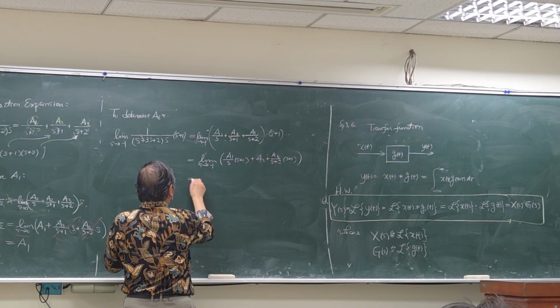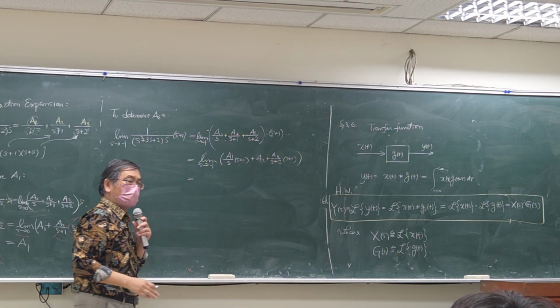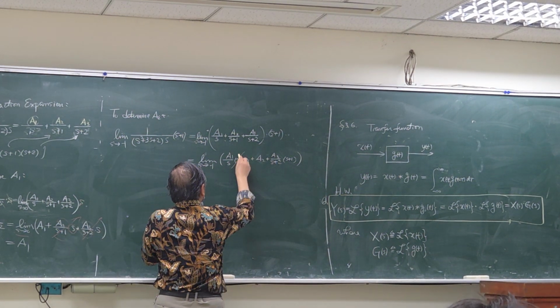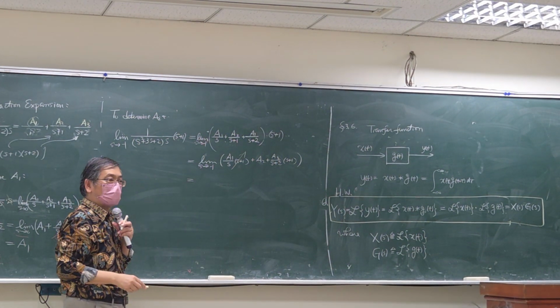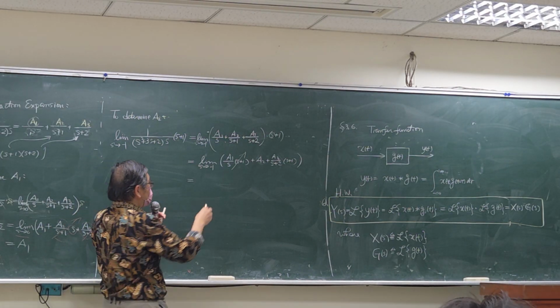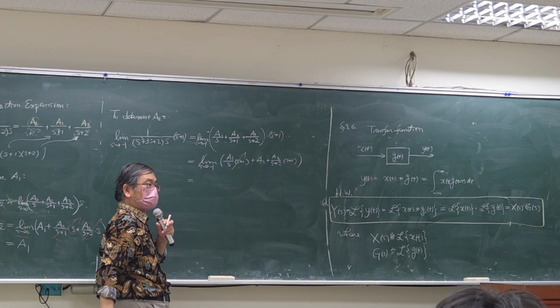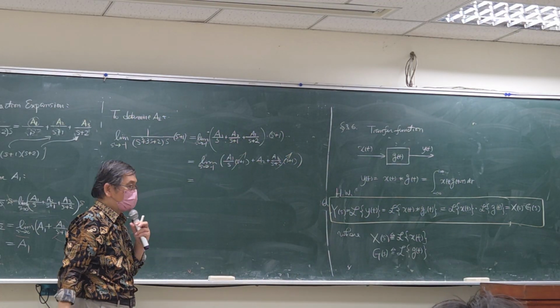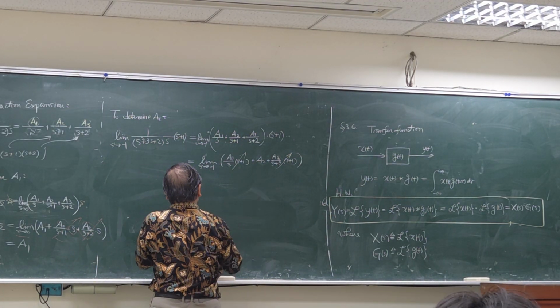So what happens if I let s approach negative 1? You can see that this term disappears, right? Because s plus 1 approaches 0. And likewise, this term disappears. So only A2 is left.